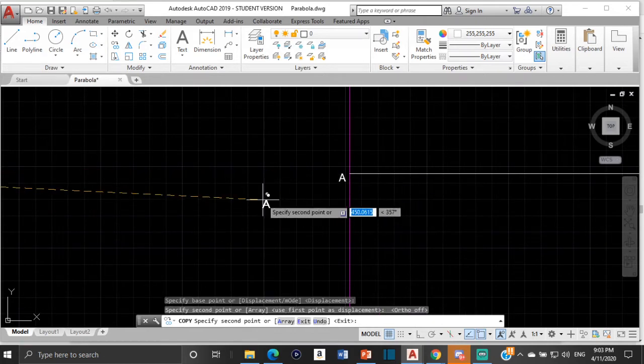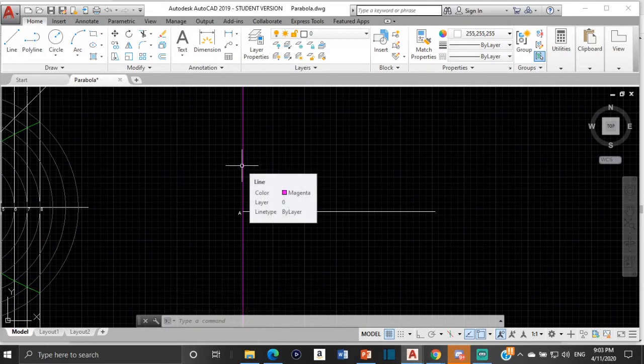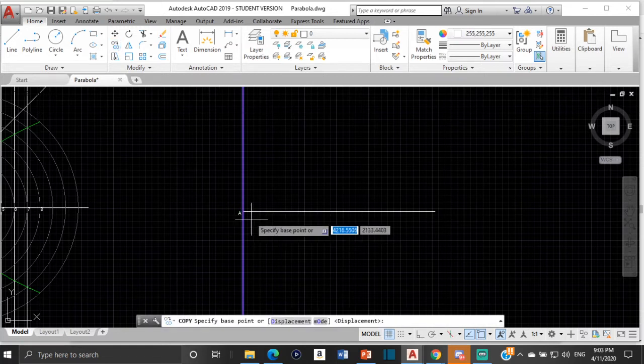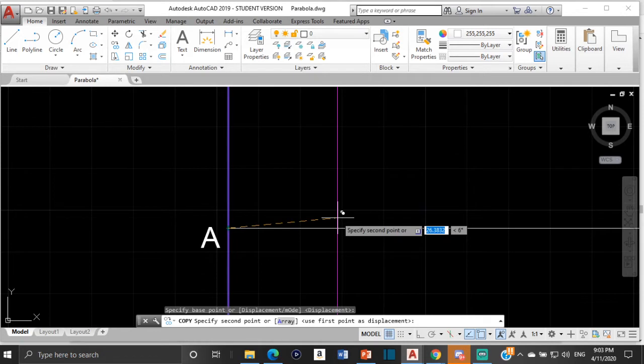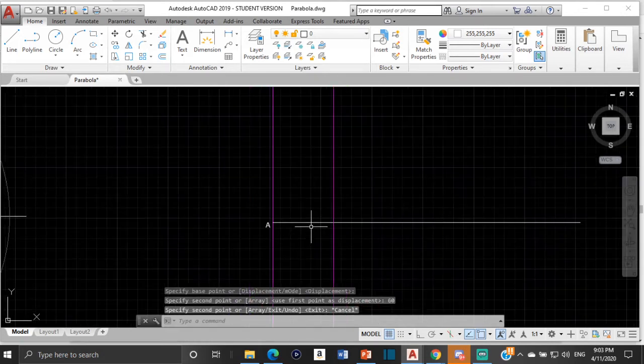Now we need to find the focus. I know the focus is 60 millimeters away, so we can do a number of things, including offsetting this line over here by 60, or we could just copy this line from the center here and bring it over by 60. Just type 60, enter, and that is our focus.